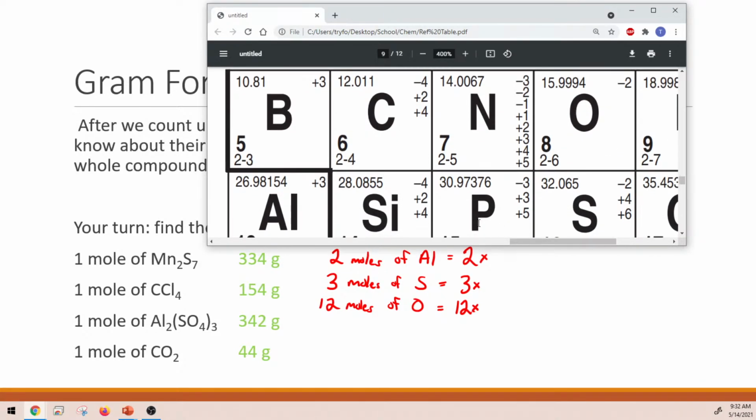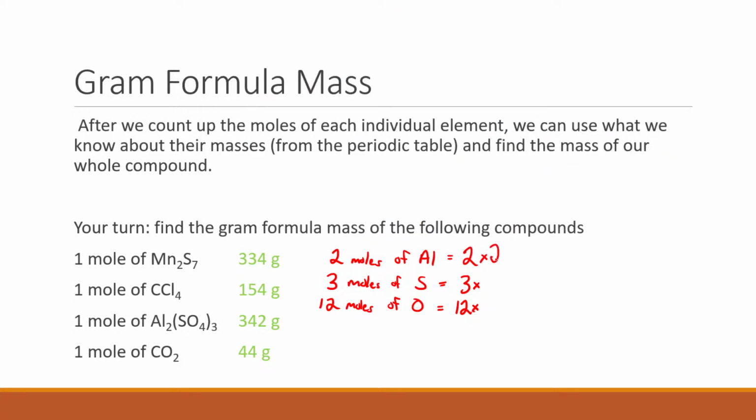So, aluminum has a mass of 27 grams per mole. Sulfur, 32. Oxygen, 16. So I'm going to take those numbers, the 27, 32, and the 16, and bring them down.